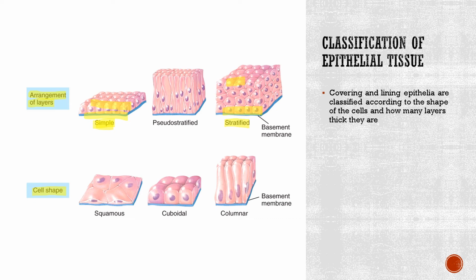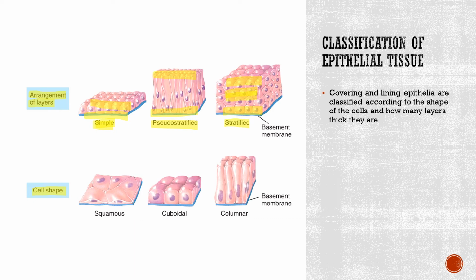There's going to be one layer of cells that touches the apical surface, and then just lots in between. So stratified just means multi-layered. And pseudostratified, this is where every cell touches the basement membrane, but not every cell has an apical surface.